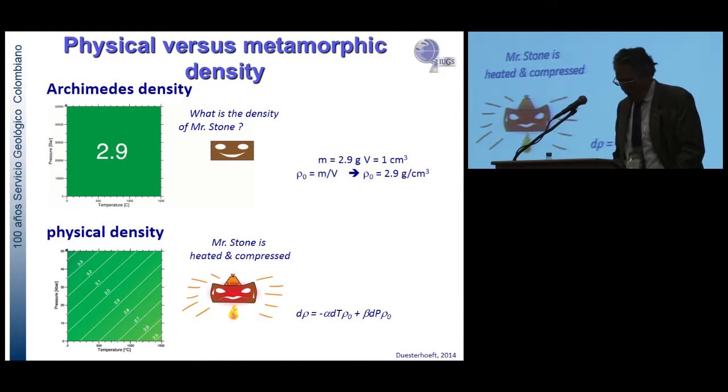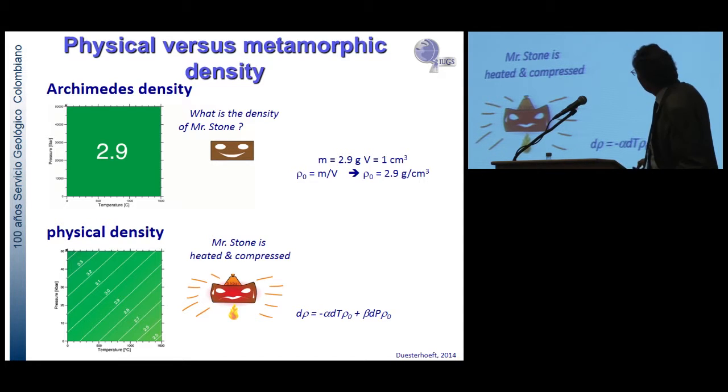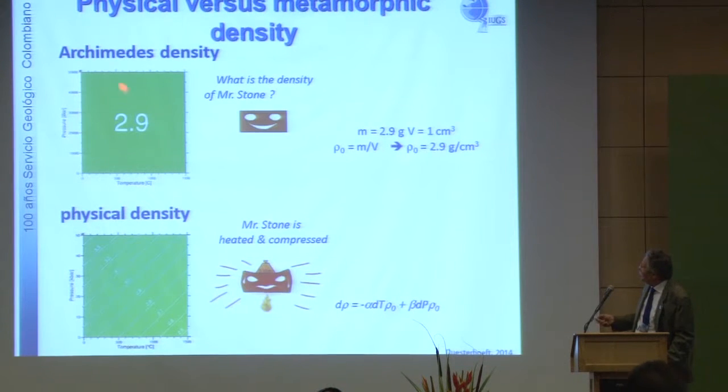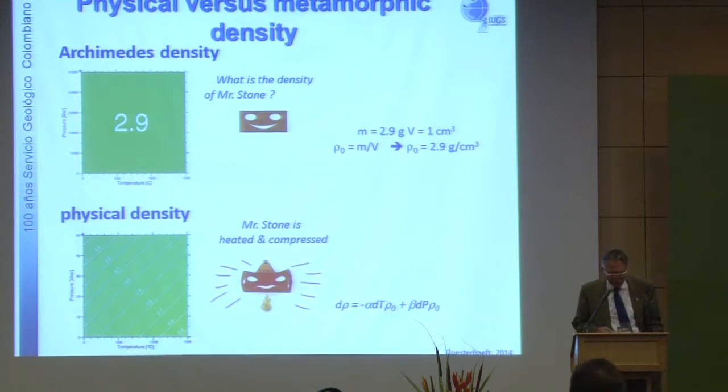Here you see the problem of the density of rocks. Of course, everybody knows that we have Archimedes density. It's a matter of mass and volume, and a stone, and I call it stone in this diagram, would have a certain density.